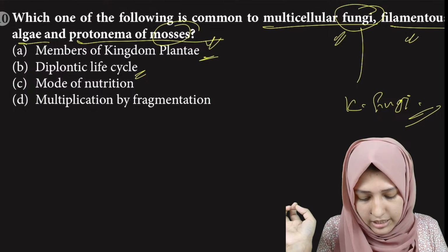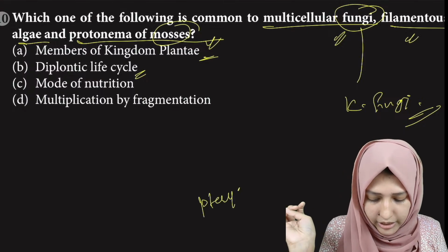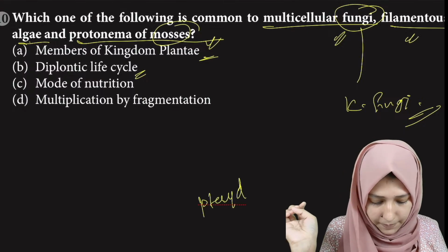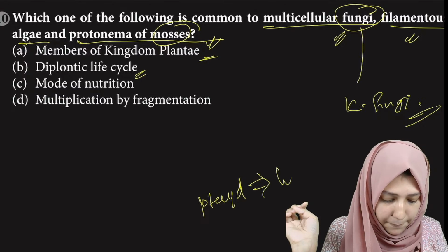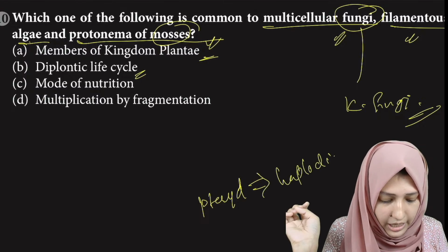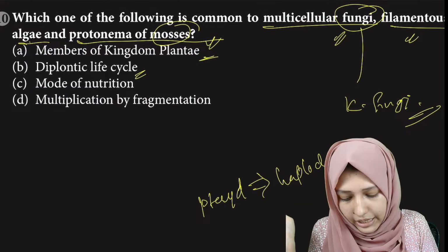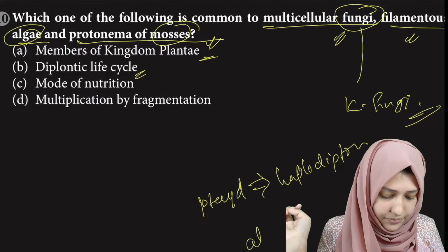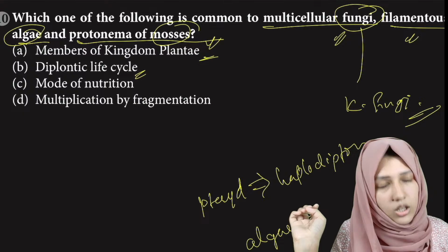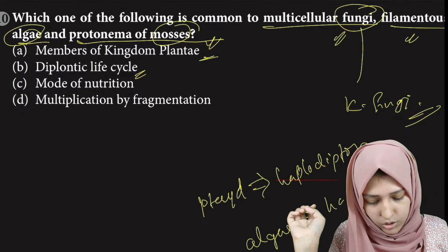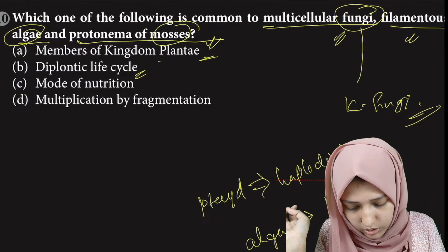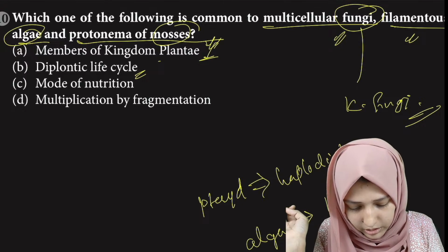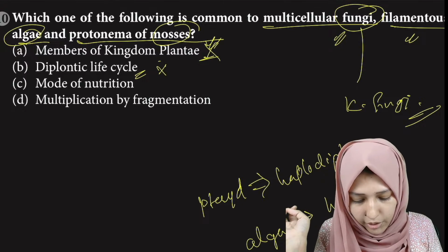See, mosses, pteridophyte, and algae. Pteridophyte is having haplodiplontic life cycle. Then algae is having haplontic life cycle. So that is also wrong. So this one was wrong. This is again wrong. Then the mode of nutrition.